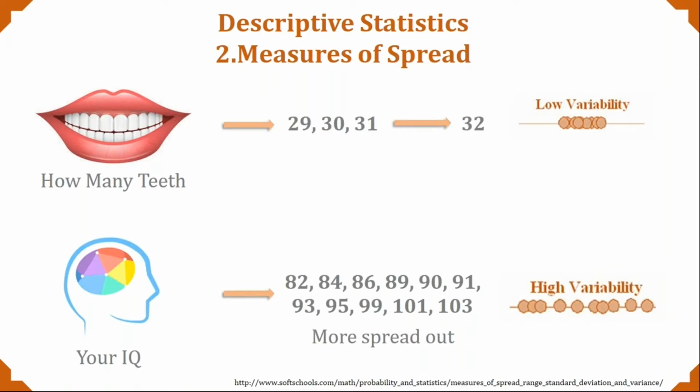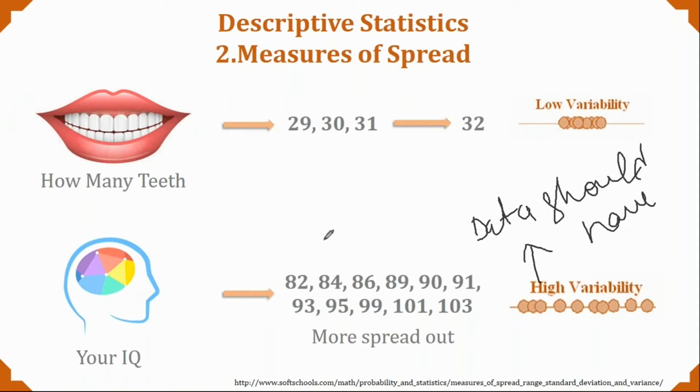It has high variability in the data set. So we should be looking at data which has high variability.